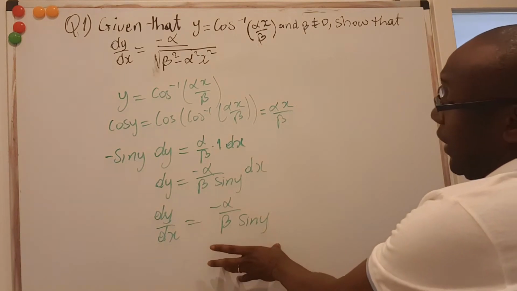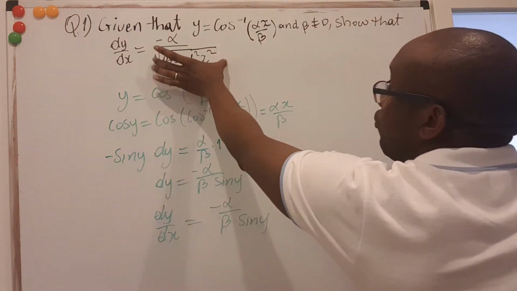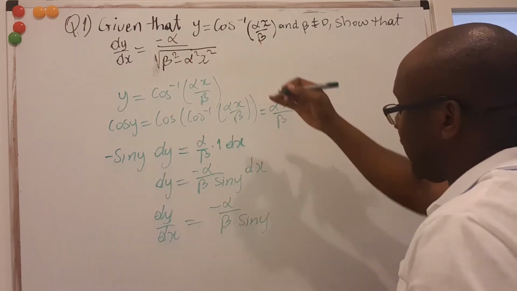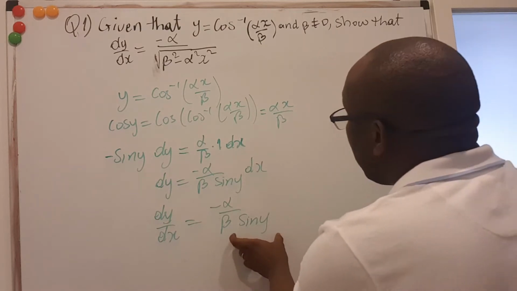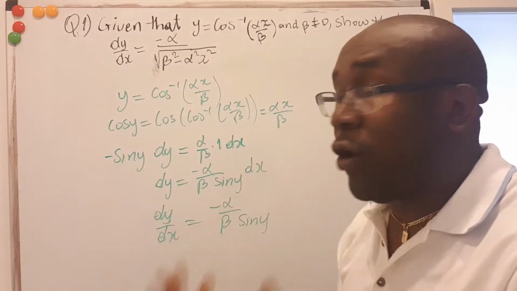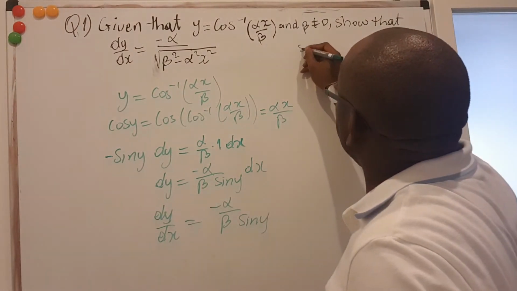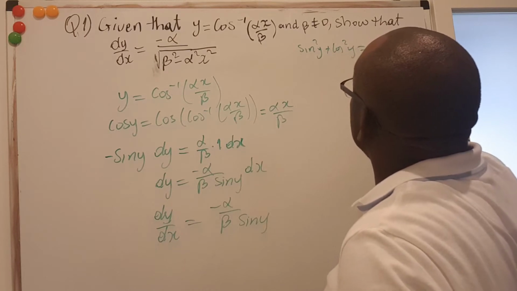But of course, for this particular problem, we're asked to show something. So it's important to show that there is no y on my right hand side. So somehow I have to make this part containing y disappear. But I know our famous trigonometric identity, the simplest one, the most important and loved one. That is saying my sine squared y plus cos squared y is equal to 1.